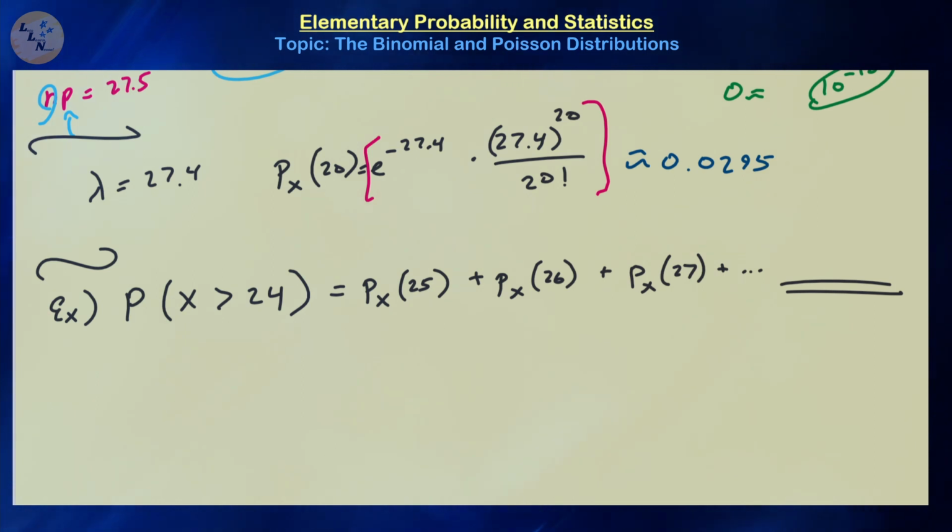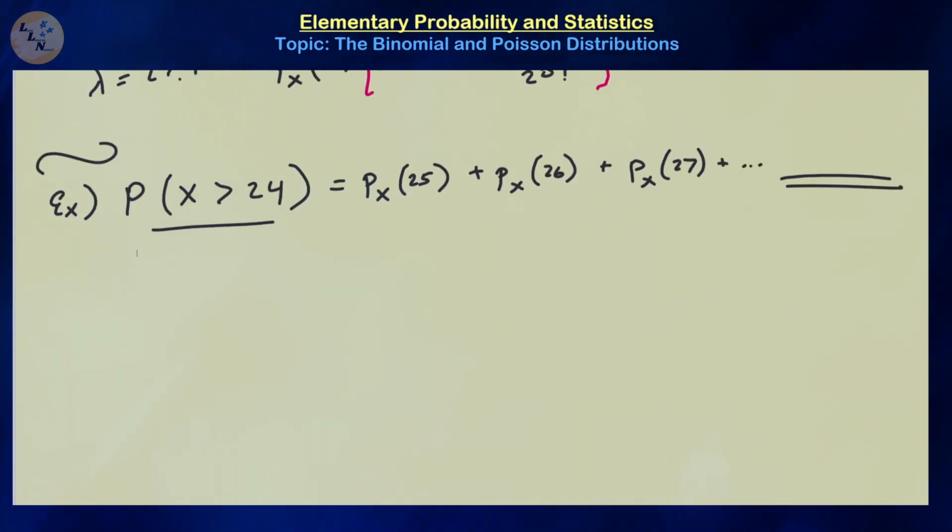So how can we get a good value for this? Well, keep in mind the Poisson and binomial distributions are both bounded below by 0. So we can always approach this type of problem, either greater than or greater than or equal to, via complements.